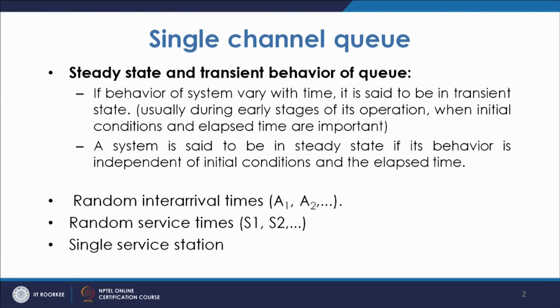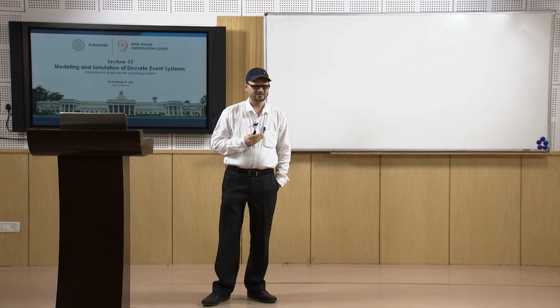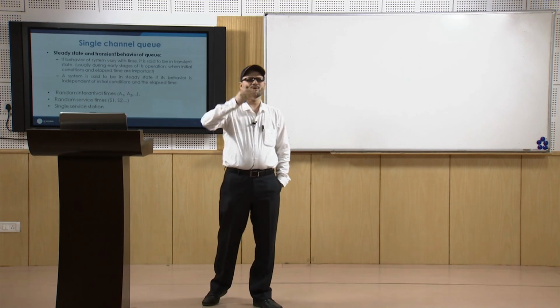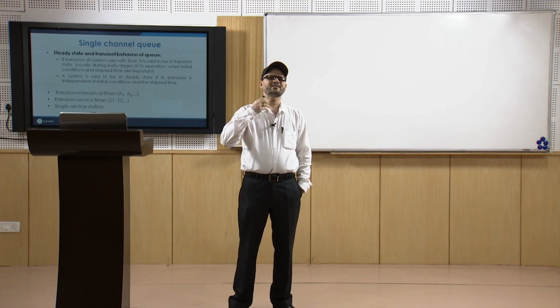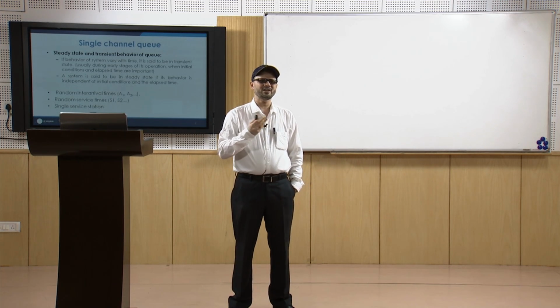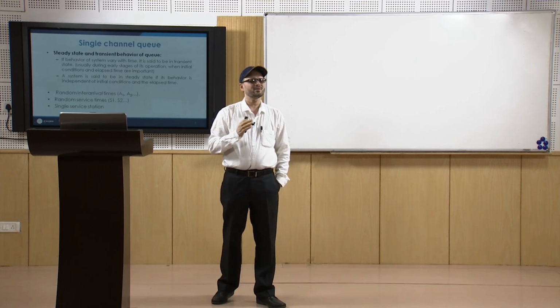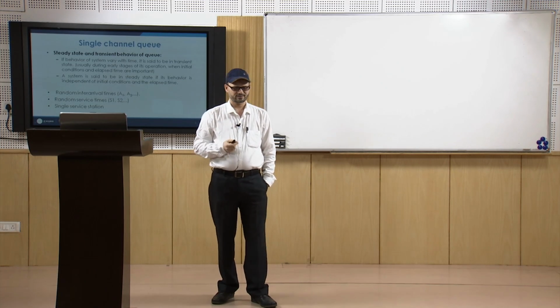When the queue starts, the queue parameters or the measures of performance are dependent upon the initial conditions or the time elapsed. That is why that is the transient state, whereas when it runs for a large amount of time, it reaches the steady state. At that time the behavior is independent of the initial conditions and the elapsed time.